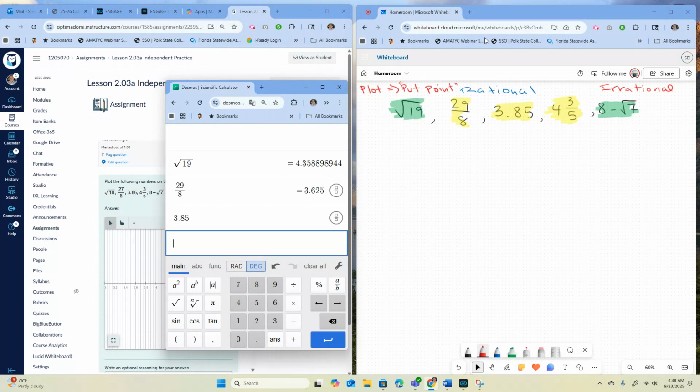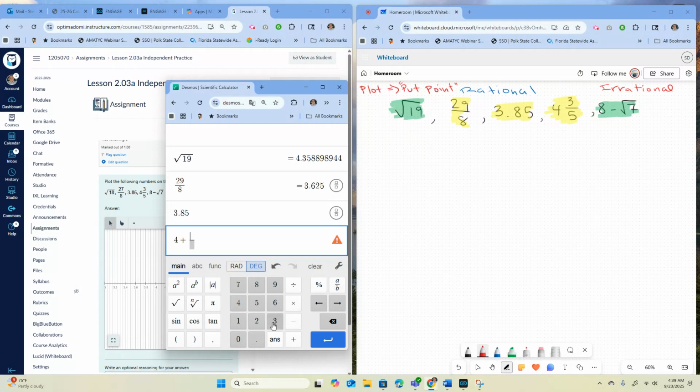The next one, now when you have mixed numbers, the way you're going to put it in the calculator so you get a decimal is a mixed number is the addition of a whole number and a fraction. So 4 and 3/5 means 4 plus the fraction 3/5. And you can see I got the decimal.